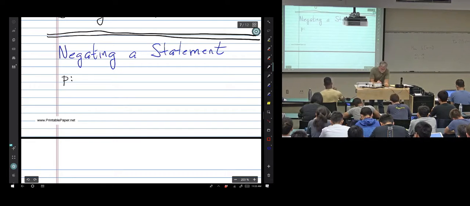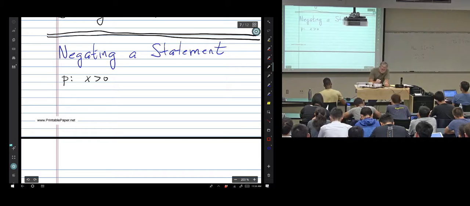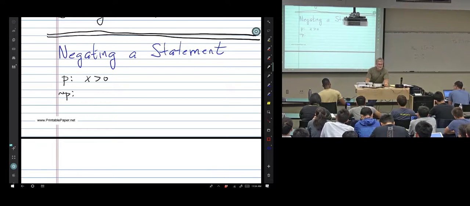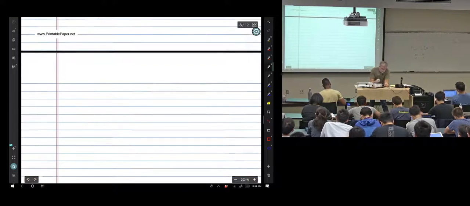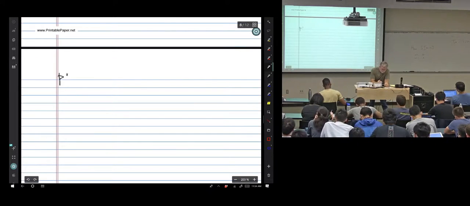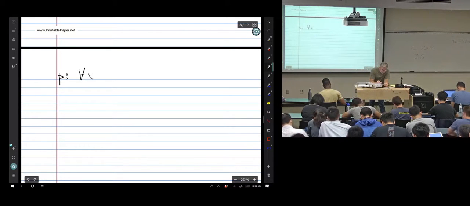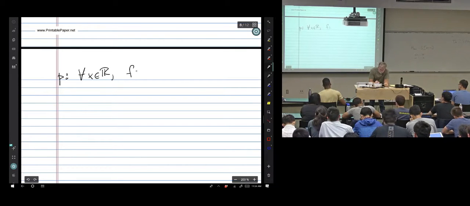So, statement P, x is greater than 0. What is not P? X less than or equal to 0. Yay, that was not so hard, okay? P: for every x in the reals, f of x is greater than 0.